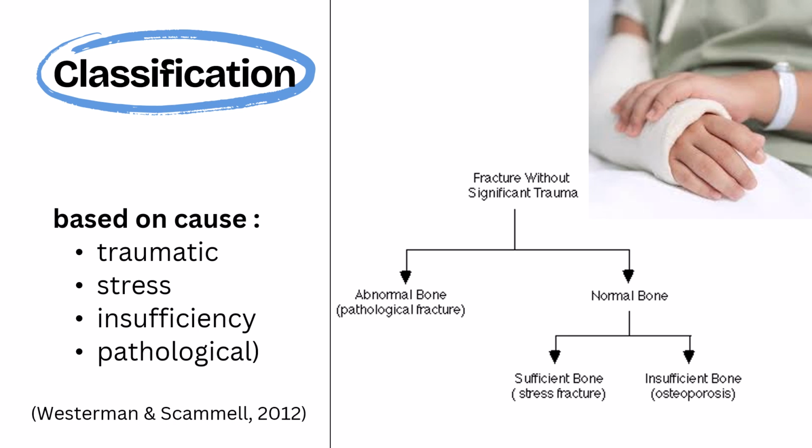And then we can classify fractures without significant trauma, divided into abnormal bone or pathological fracture and normal bone. The normal bone can be divided into sufficient bone or stress fracture and insufficient bone or osteoporosis.